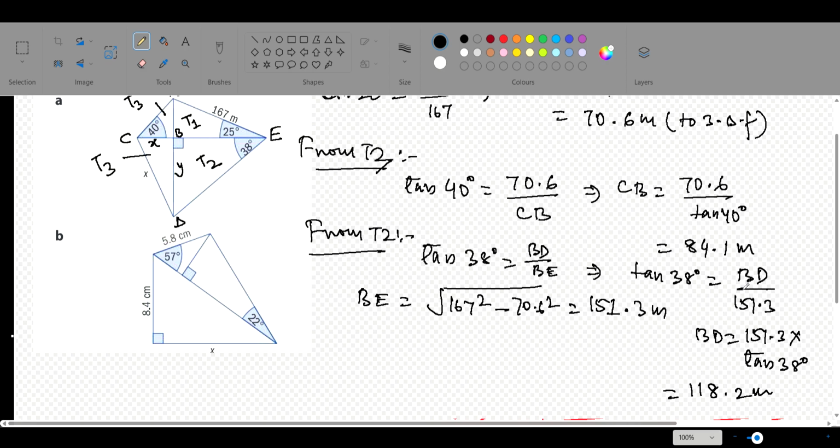Now we have the BD, we have CB, so we can use the Pythagoras in triangle 3.